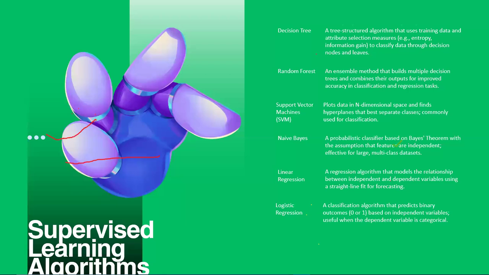They are commonly used for classification because once it plots the data on an n-dimensional space, it tries to separate them from each other into distinct classes. So they are mostly used for classification problems.